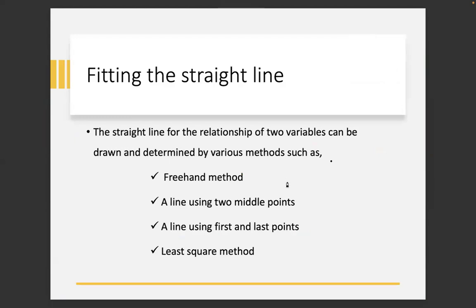So then these are the methods: a free hand line, a line using two middle points. Line using two middle points. Okay.